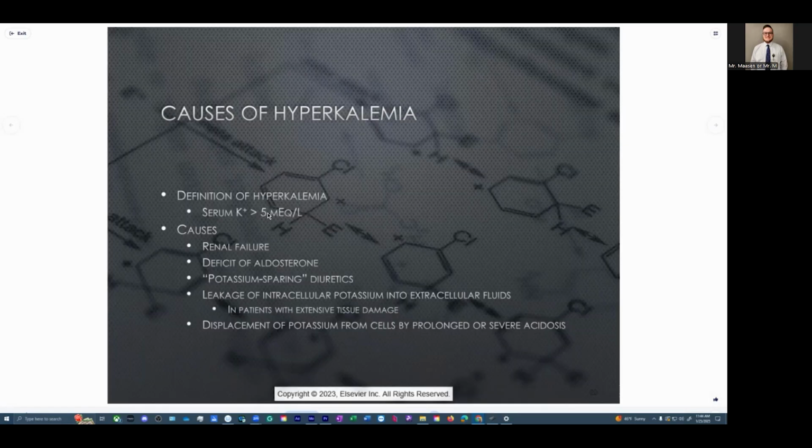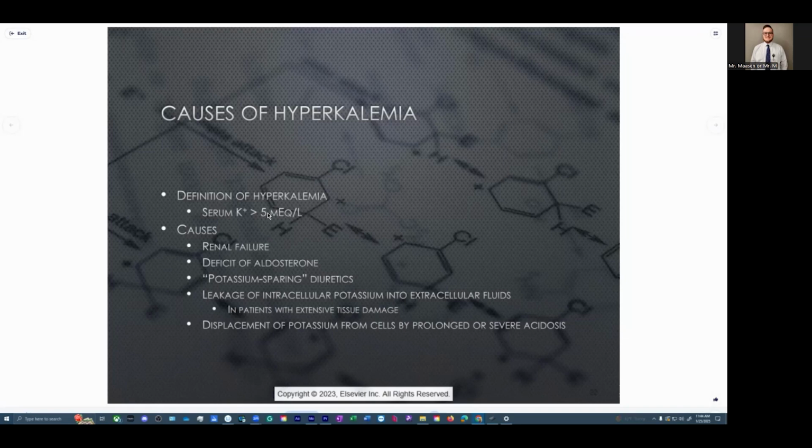So hyperkalemia on the other side, the definition is an elevated potassium above 5. Causes: the first one listed here is the biggest culprit, renal failure. When the kidneys don't function properly and nephrons start to be destroyed and urine's not really being formed, then potassium is not getting balanced by the kidneys.